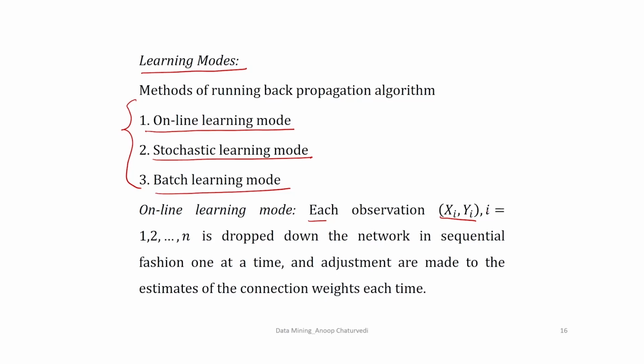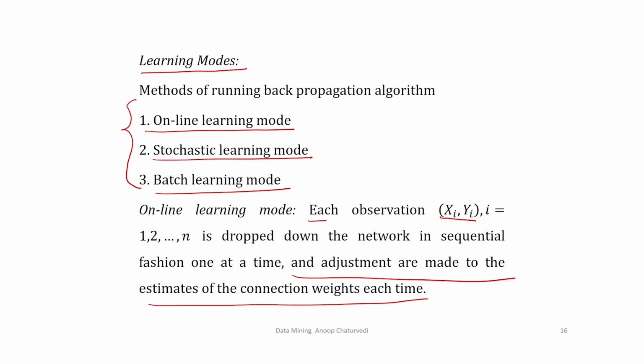We start with i equal to 1, drop down the observation x1, y1, next we drop down x2, y2, and then we adjust the estimates of the connection weights. Then we drop down x3, y3, again we adjust the estimates of the connection weights, and so on.